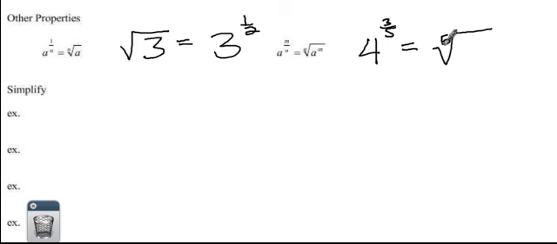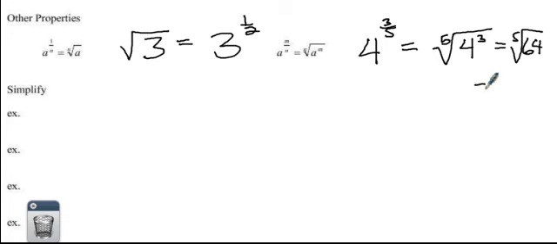So it's the fifth root. And the number on top is the power that you raise to. So 4 to the 3rd. And actually, this one can be simplified a little bit more, I think, because 4 to the 3rd is actually 64.